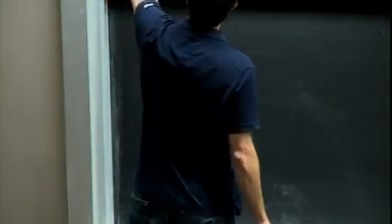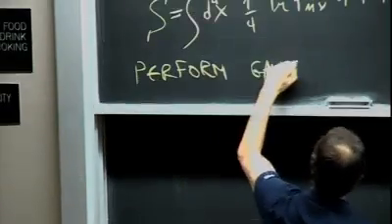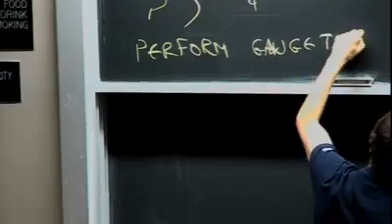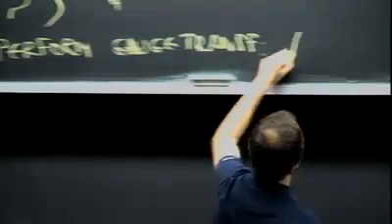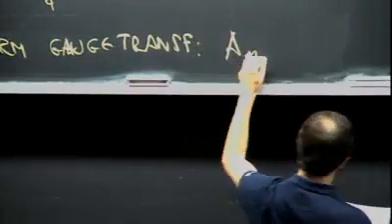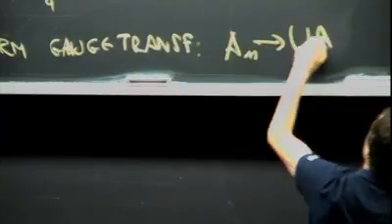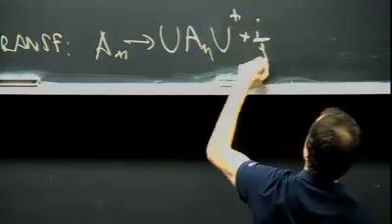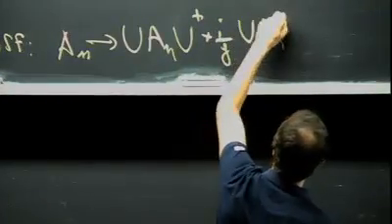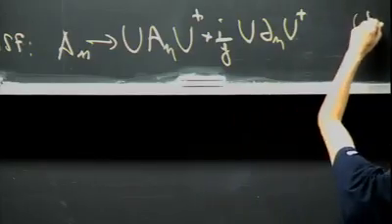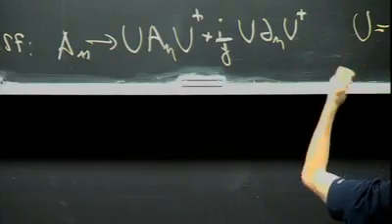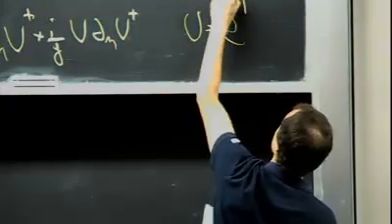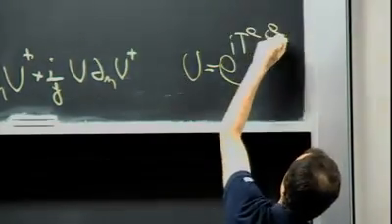If you don't trust me, perform a gauge transformation, which sends A_mu into U A_mu U dagger plus i over g U d_mu U dagger, where U is a generic element of the gauge group, so it's e to the i T_a xi^a of x.